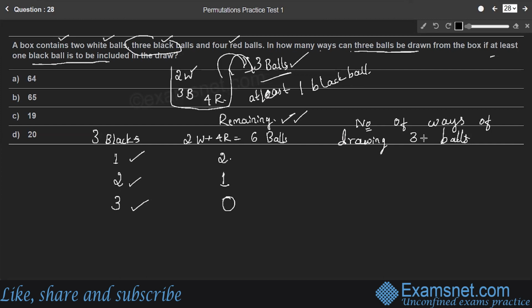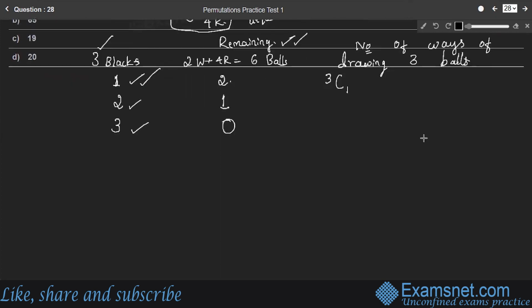Here, the number of ways of drawing 1 black ball is nothing but 3C1. That means out of 3 black balls, if you consider only 1 ball which is black, there are 3C1 ways of drawing it, which is nothing but 3 ways. There are 3 black balls, you can draw the first one or second one or third one.